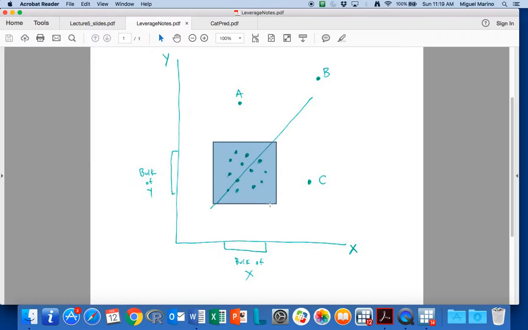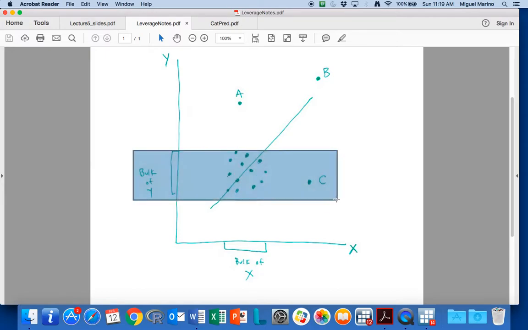You could potentially consider three different types of outliers: outlier A, outlier B, and outlier C. When I think of outliers, I think, where are all the x values? Mostly around here. And where are all the y values? The bulk of the y values are somewhere around here.